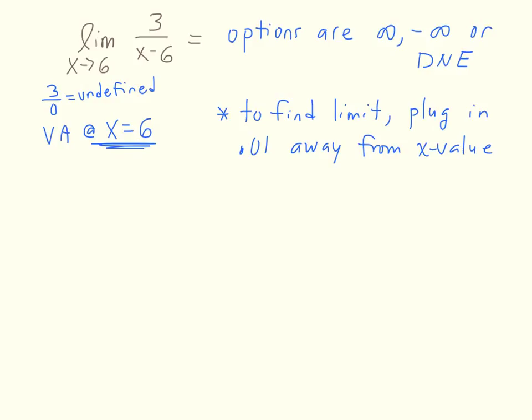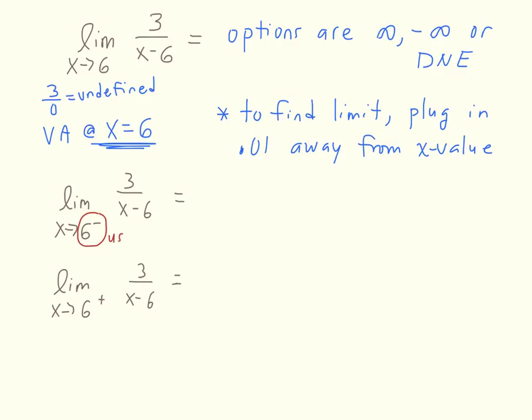So to find the limit in this situation, we're going to plug in 0.01 away from the x value. So what that is going to look like is we're going to create two one-sided limits. We're going to approach 6 from the left and from the right. So here's how we would further break this apart. So we want to approach 6 from the left. So that means we want to use something like 5.99.